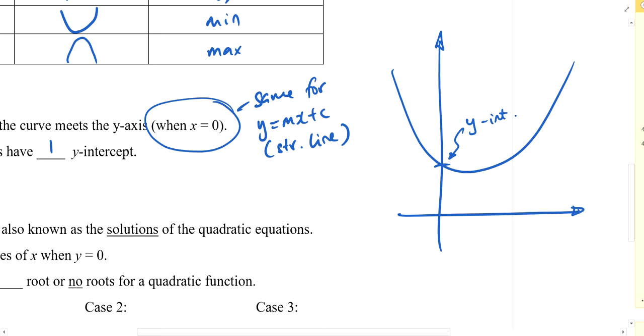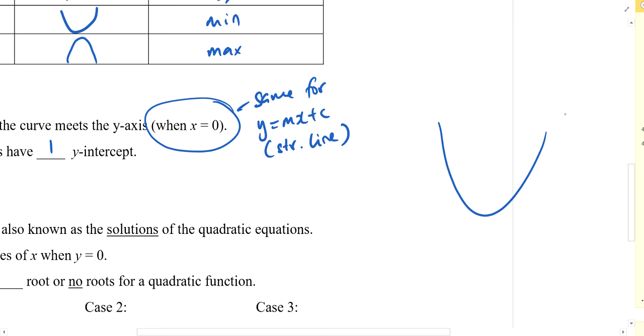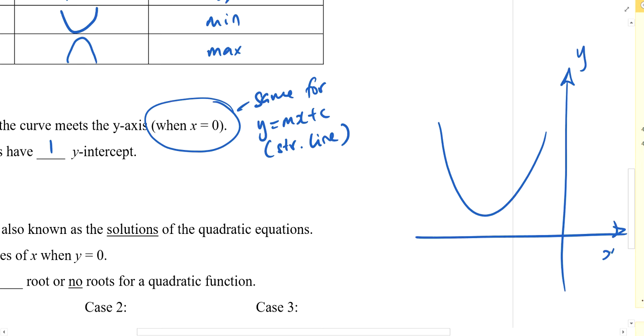Can you draw a parabola that doesn't cut through the y-axis? Do you think it's possible? How? A parabola that doesn't cut the y-axis. At the side? You mean like this? Y and x. Does it cut the y-axis?